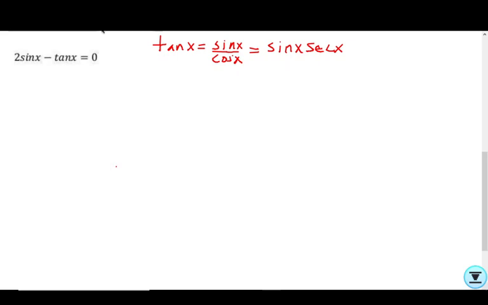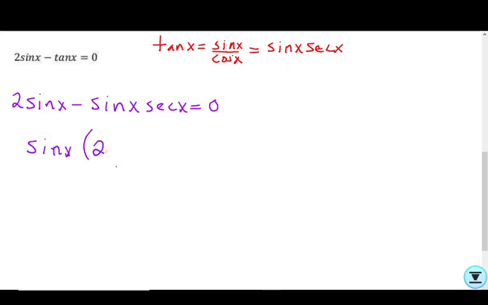So I'm going to rewrite this as 2 sine x minus sine x secant x equals 0. And the whole reason for that is because now I can see that I have a factor of sine in both of my terms. So since I'm factoring, my first step is greatest common factor. And the greatest common factor here is sine x, which I'm left with 2 minus secant x.